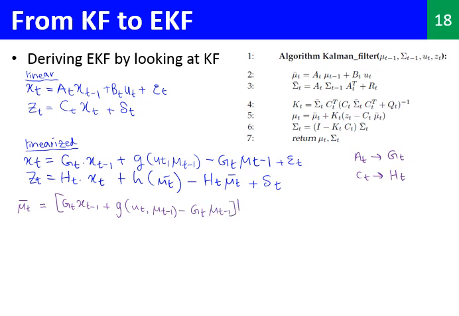Here x t minus 1 is to be replaced by mu t minus 1. When we do that, what do we get? This one and this one get cancelled off, and the result would be g u t mu t minus 1.